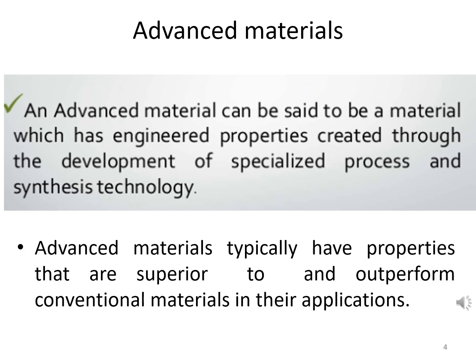By modifying the previous existing material, we can make advanced materials that have outstanding properties, and we can modify them according to our requirement. So advanced materials can show completely different properties. These materials typically have properties that are superior to and can outperform conventional materials in their applications.